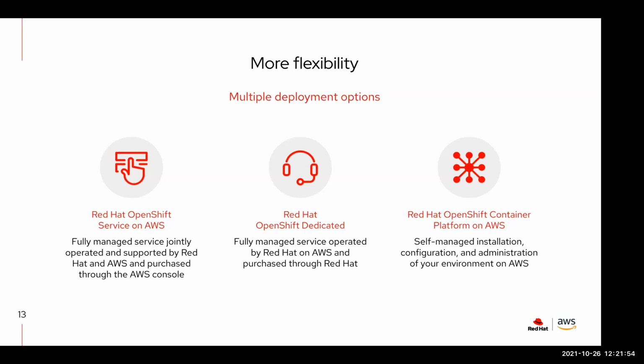The second would be OpenShift Dedicated. And this is fully managed by Red Hat on AWS infrastructure. You're buying your subscription through Red Hat. You have your infrastructure purchased through either Red Hat or AWS. But again, now you're handing over the operations of the actual platform to Red Hat, right?